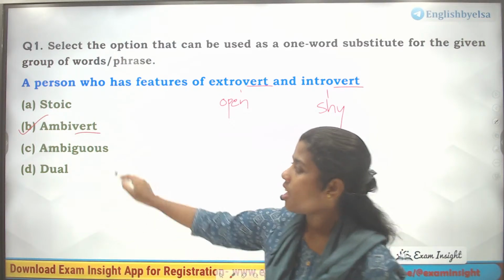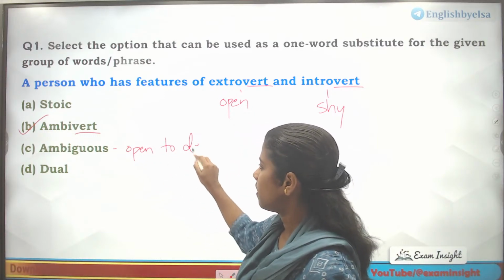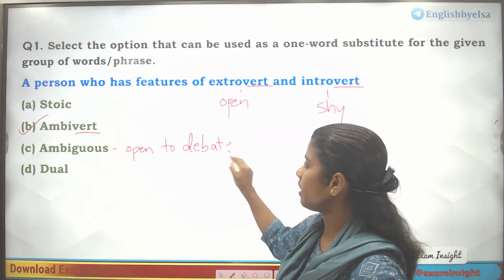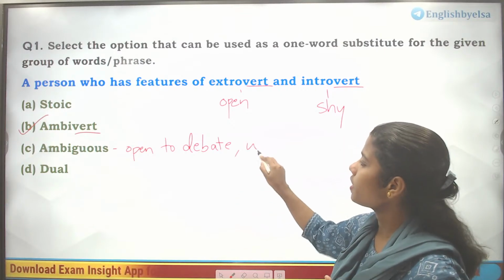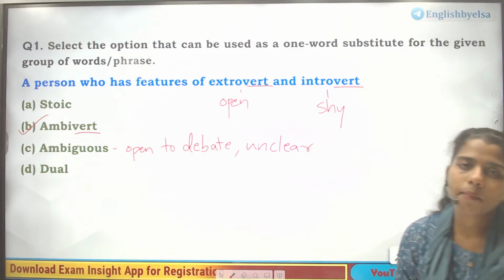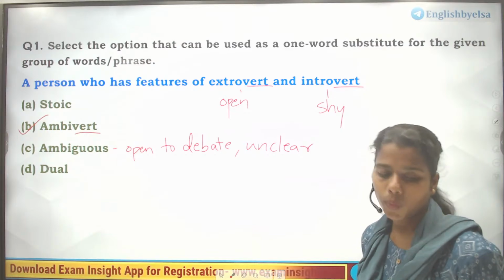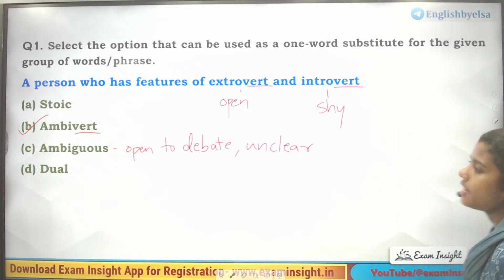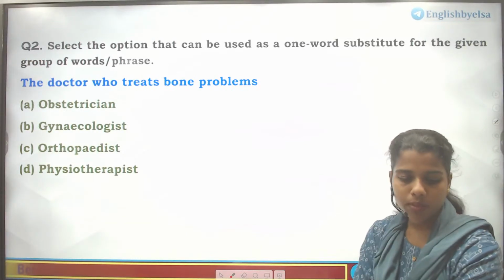Ambiguous means open to debate. That means something, I have to take a decision, but I'm not clear. Unclear, I can say. That is what you mean by ambiguous. Dual, you know, it is something related to two. Stoic, I've already explained.